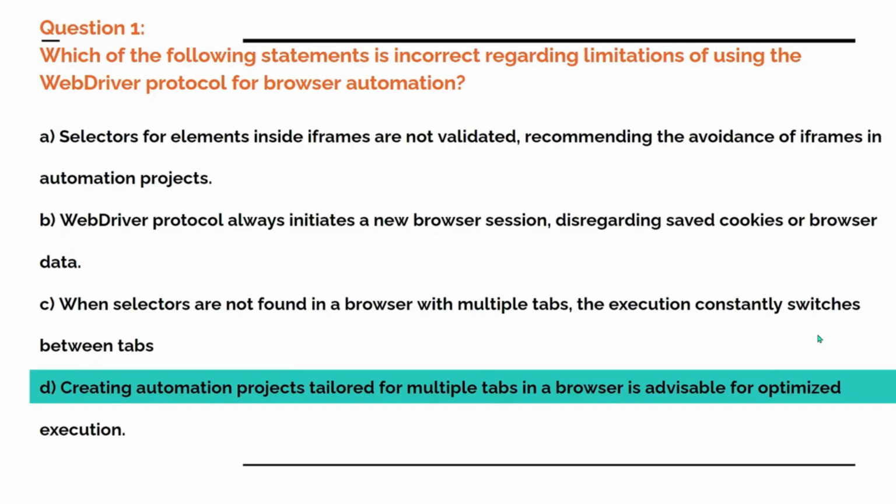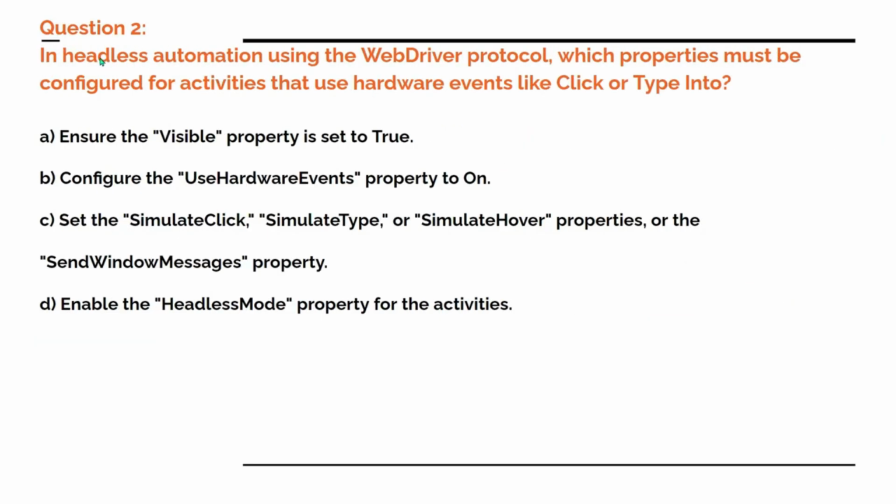Now let's move on to our second question. In headless automation, using the WebDriver protocol, which properties must be configured for activities that use hardware events like click or type into? Now, which property must you configure? I have shown that in the previous video. Here are your options.